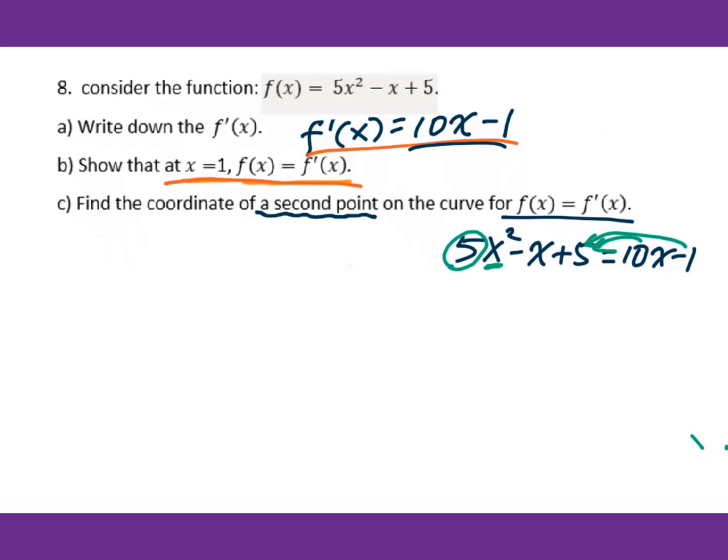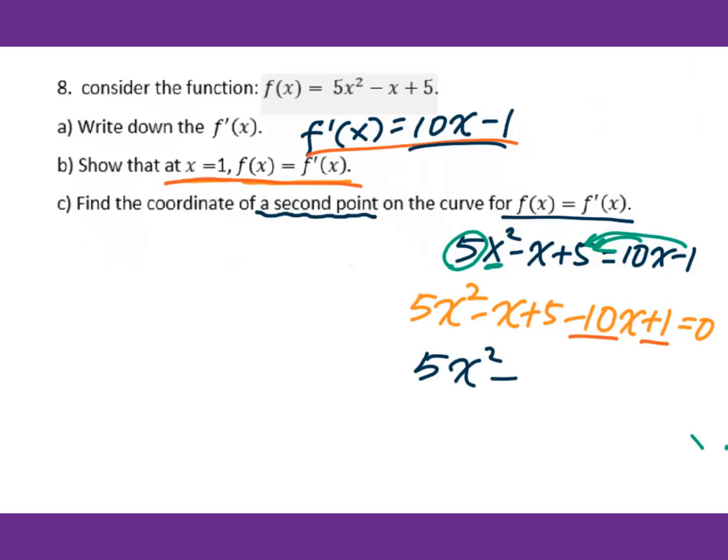That's why I move everything to the left side: 5x squared minus x plus 5 minus 10x plus 1. Remember, when you move a term from one side to the other side, change the sign. So I combine like terms, you will get 5x squared minus 11x plus 6 equal to 0.